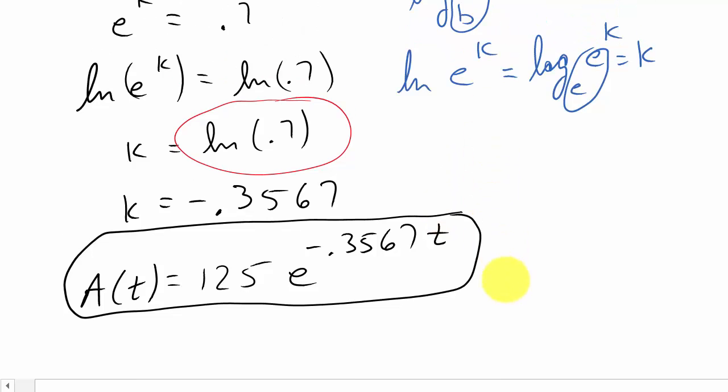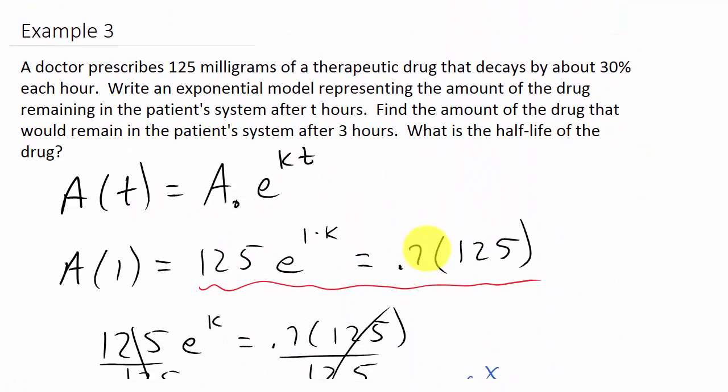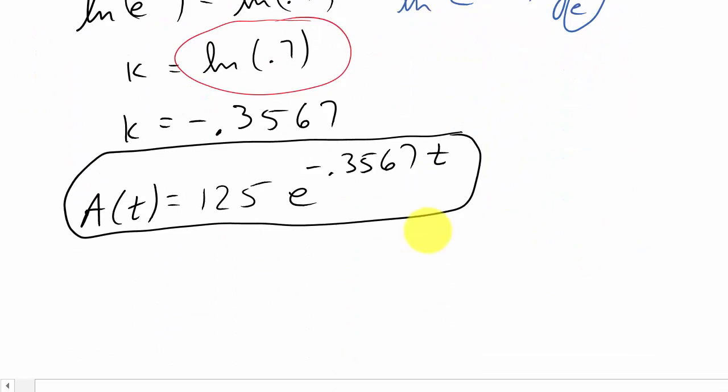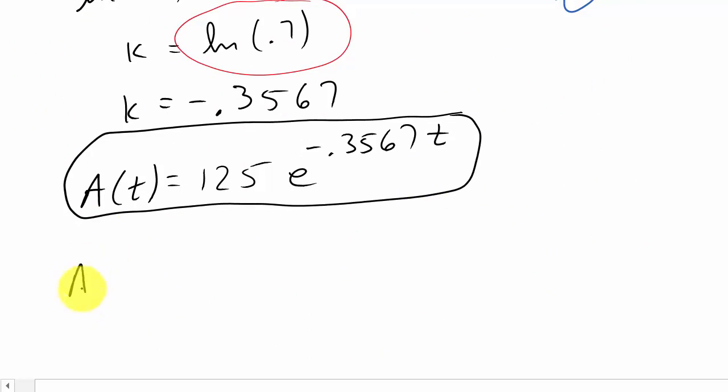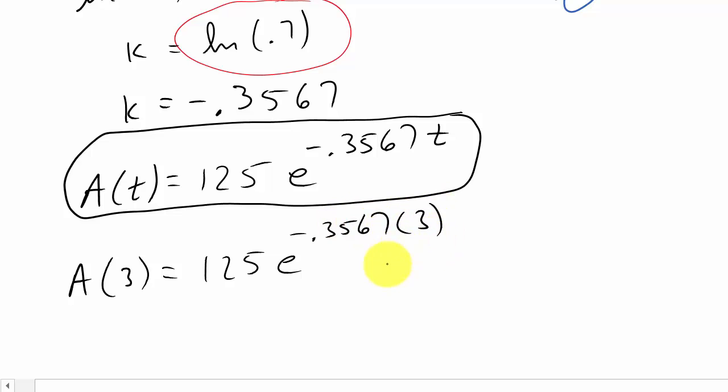Now the next part: find the amount of the drug that would remain in the patient's system after 3 hours. All we do here is evaluate the function at 3. We plug 3 in for t. So that's 125 e to the negative 0.3567 times 3. Then we punch this into our calculator.